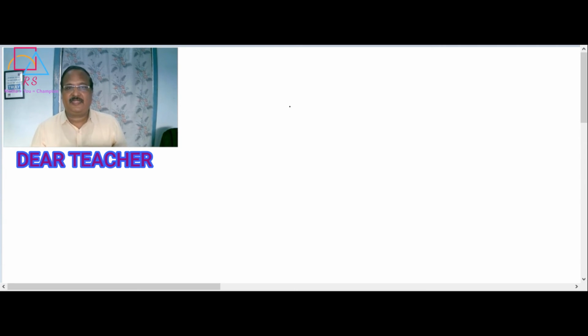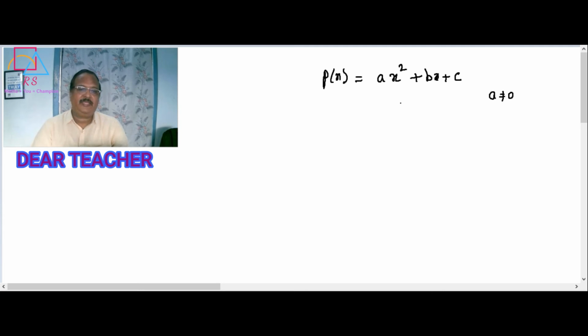Now let us understand the relation between zeros and the coefficients of the polynomial. For this, let us take p(x), a general quadratic polynomial, ax square plus bx plus c, where a is not equal to 0. Now we have to find the relation between these zeros. Let the zeros be alpha and beta.